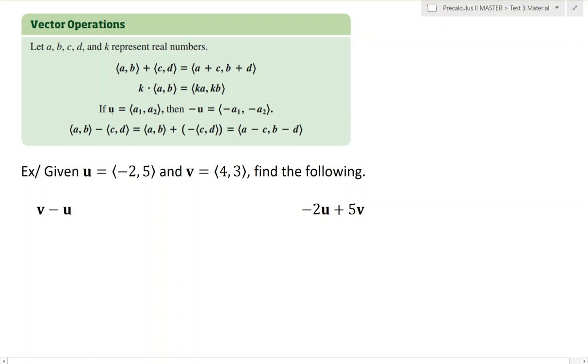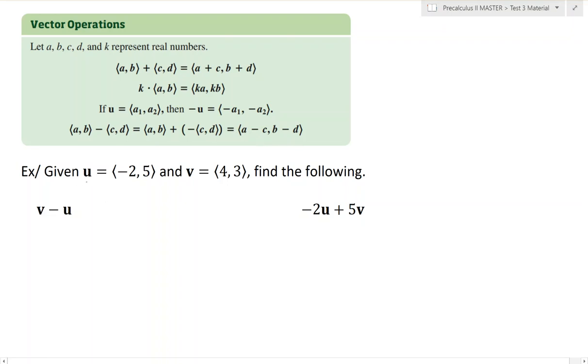If our vector u is a1, a2, then the opposite of u is just taking the opposite of each of the horizontal and vertical components. I can subtract vectors, so we can represent that as a, b plus the opposite of c, d, which ends up as a minus c and b minus d.